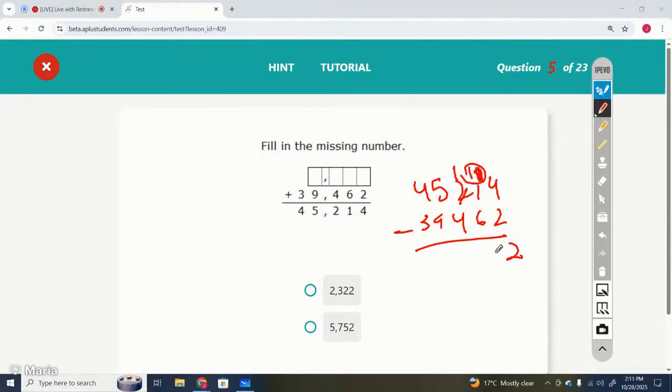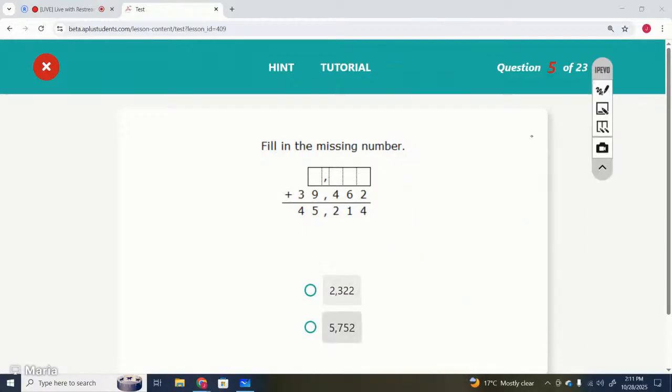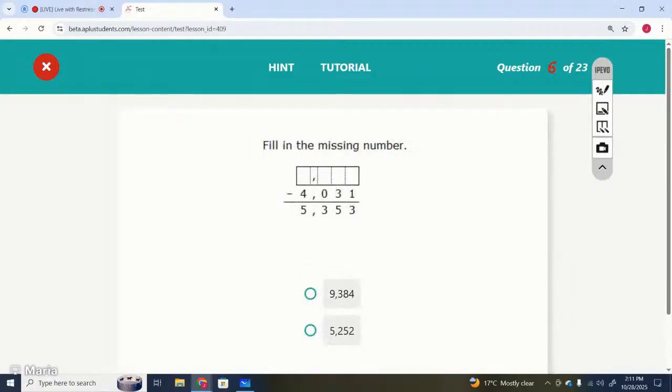The borrow makes it 11. 11 take away 6 is 5. 11 minus 4 is 7. 4 minus, we need to borrow 1. 14 take away 9 is 5 and 0. So that is 5,752. Option number 2 is the correct option.